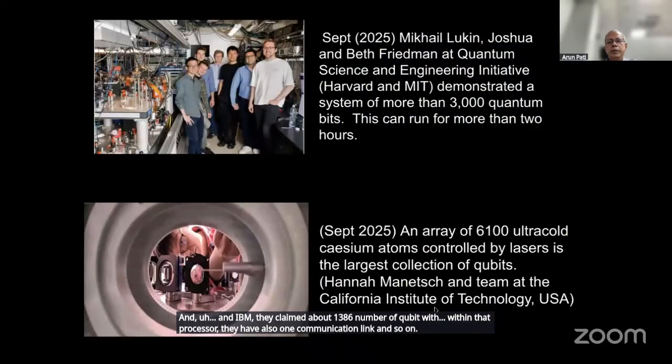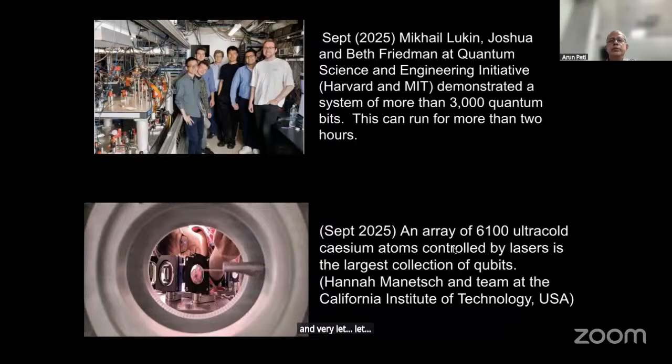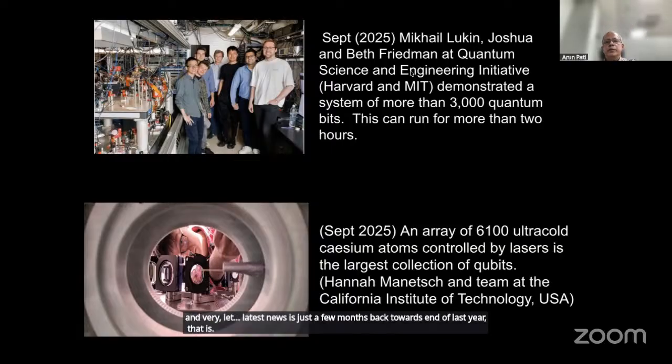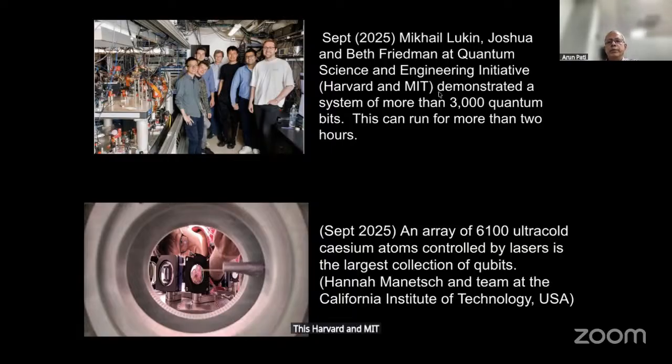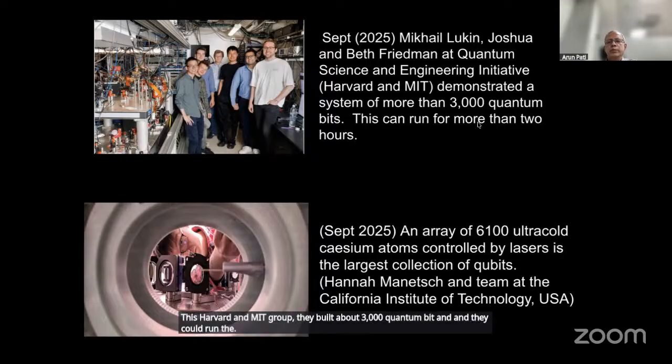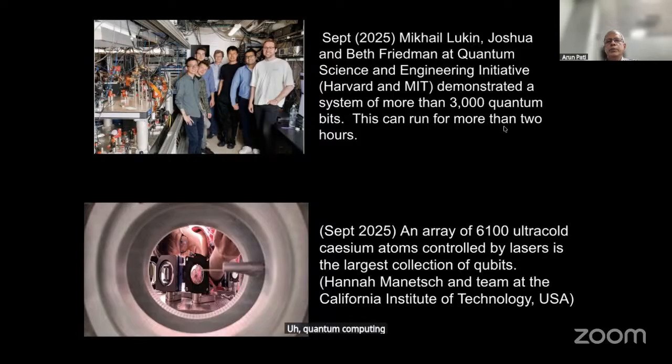And the very latest news is just a few months back, towards the end of last year, that this Harvard and MIT group built about 3,000 quantum bits, and they could run the quantum computing algorithm for more than 2 hours. And in the same month, this Caltech group built about 6,100 ultra-cold cesium atom quantum computer.